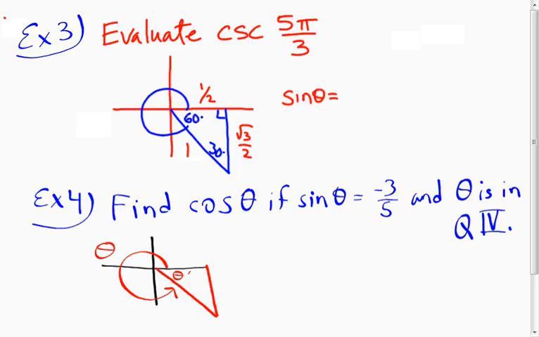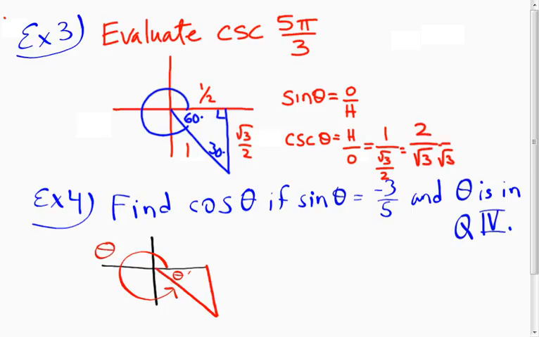So sine of theta is equal to opposite over hypotenuse, so cosecant is going to be the hypotenuse over the opposite. So it's going to be 1 over root 3 over 2. All right, we have to fix that. 1 over root 3 over 2 is the same as 2 over root 3, and we'll rationalize that denominator by multiplying by root 3. And you're going to get 2 root 3 over 3.